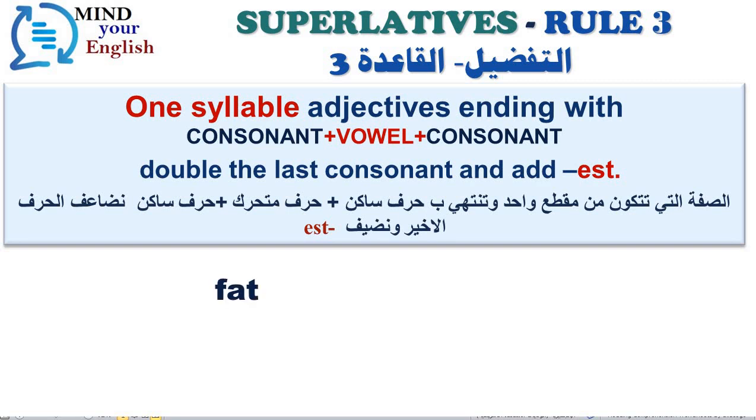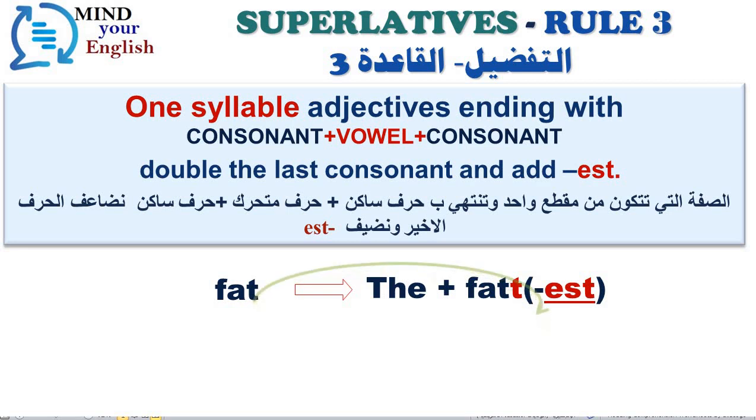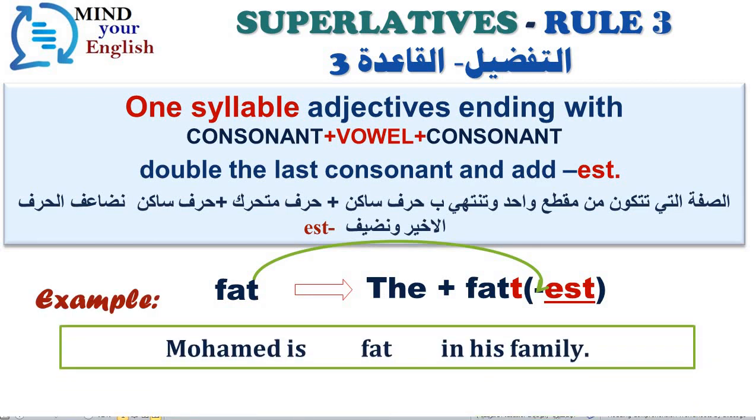Adjective fat becomes the plus fat. Double the t and add est. Example: Mohammed is the fattest in his family.